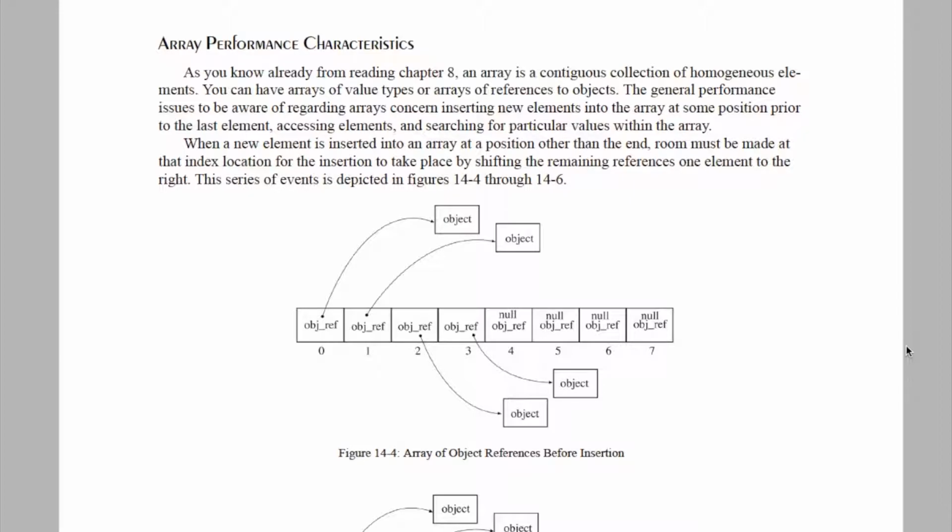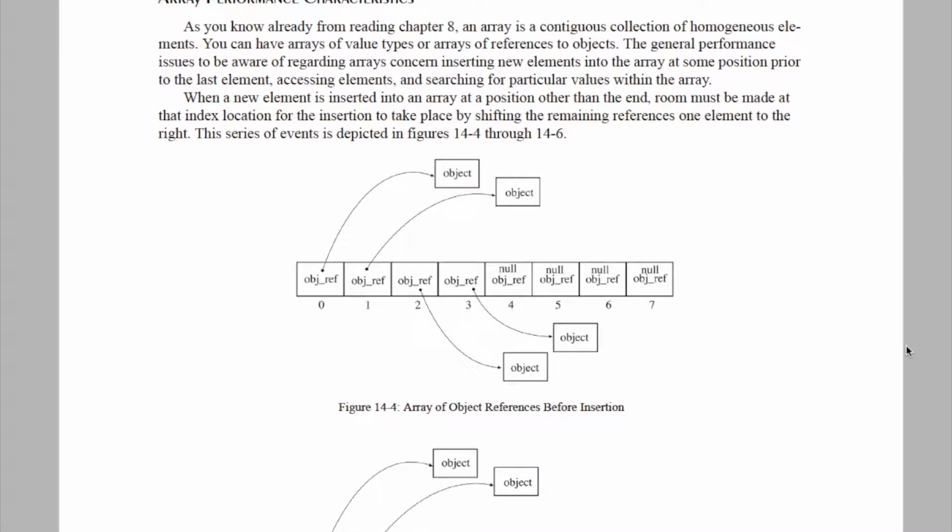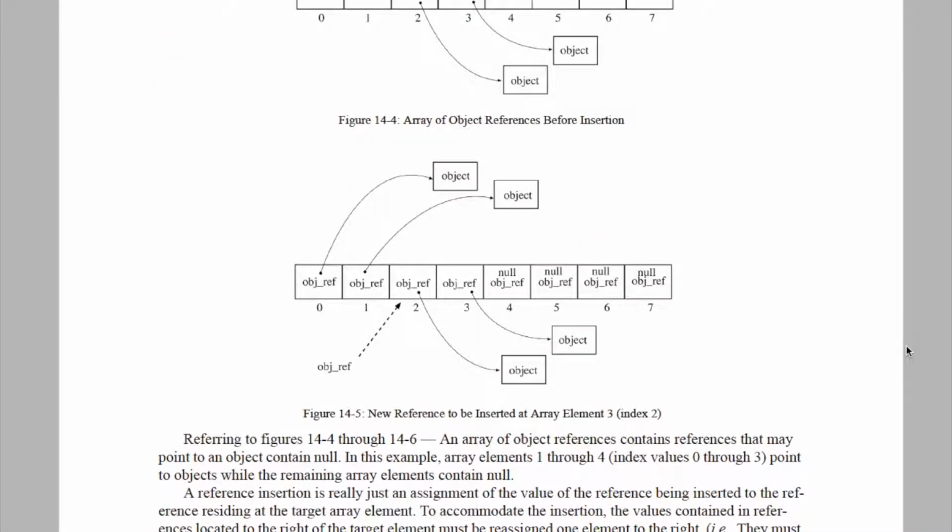Essentially, the characteristic of an array is that it's fast to insert and retrieve objects because the math to find each element is really fast to perform. It's quick and dirty. But if you wanted to insert elements into an array, then you run into a potential performance bottleneck.